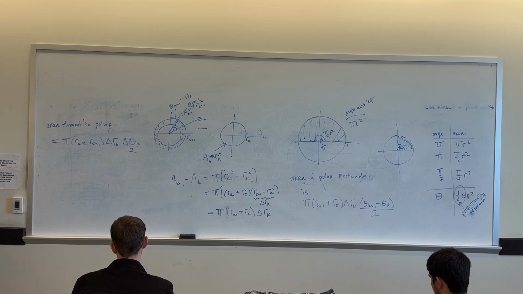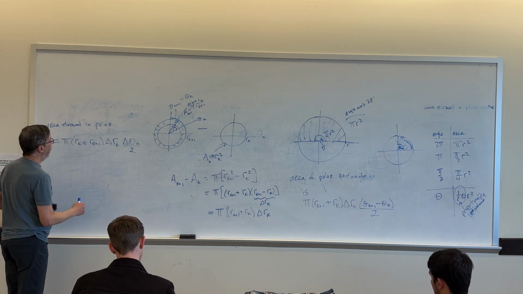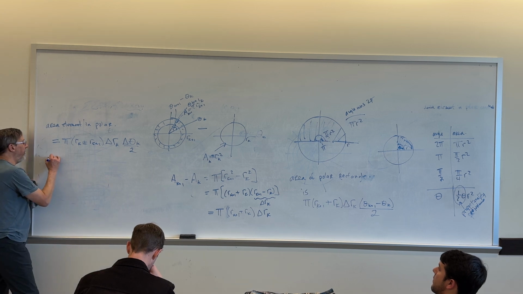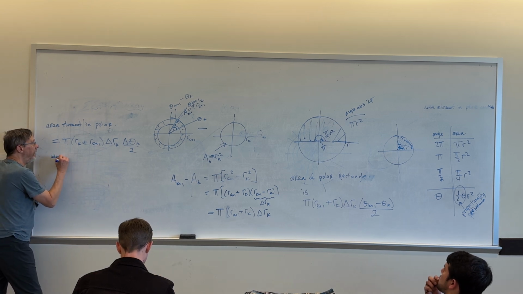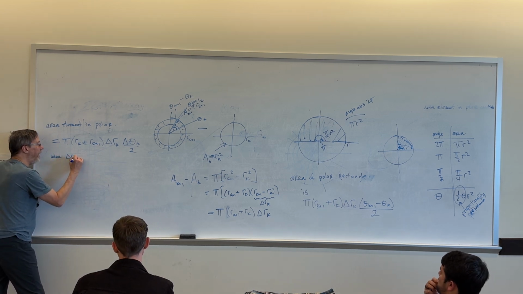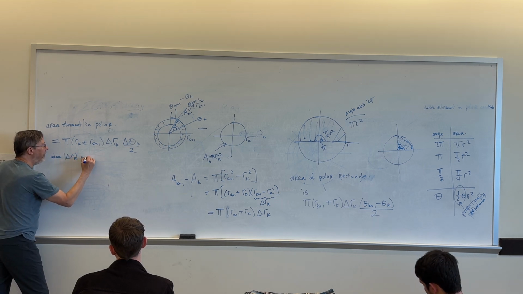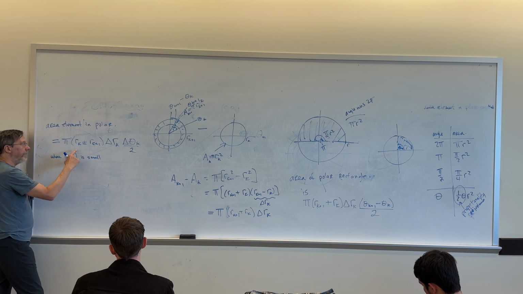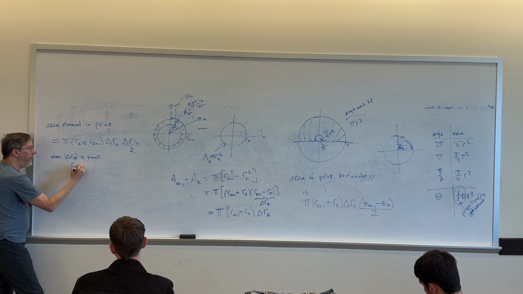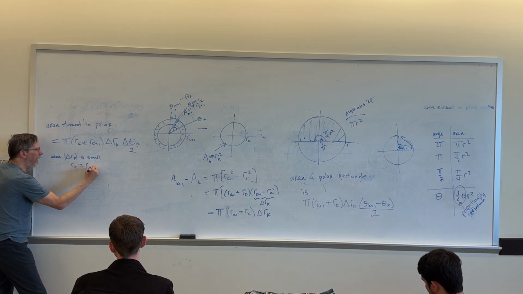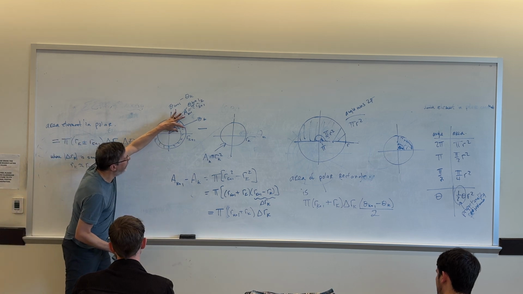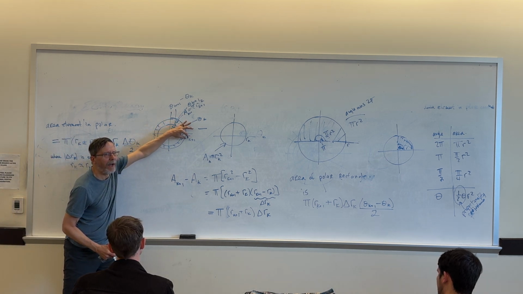Now we've almost done our hard work for today, really. Because what I want to notice is when delta r sub k is small in magnitude, r sub k must be approximately r sub k plus 1, right? The closer these two things get, the closer those radii are going to get.